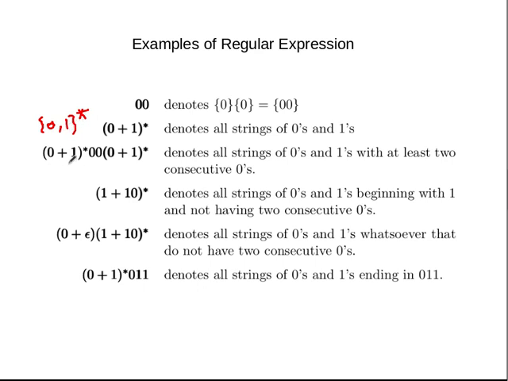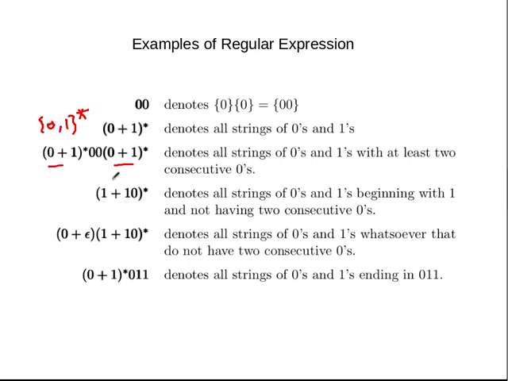So what is this thing? Now if this is any string of 0 and 1, and if this is any string of 0 and 1, you see that there is a 0 0 in between, right? So that means this is the set of all strings which contains 0 0 as a substring, so which has at least 2 consecutive zeros, right?